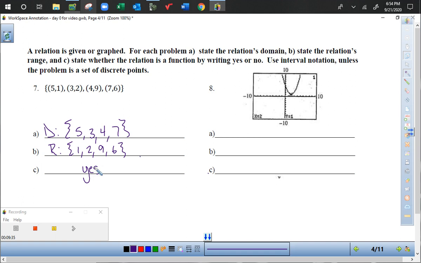Okay, let's look at number 8 here. We're doing domain and range again, but now we're looking at a continuous function. So the last one was discrete, we decided, because we could count all the numbers, but this one is continuous because all those points create this curve here. And so we're going back to interval notation. We always want to go lowest to highest with your interval notation.